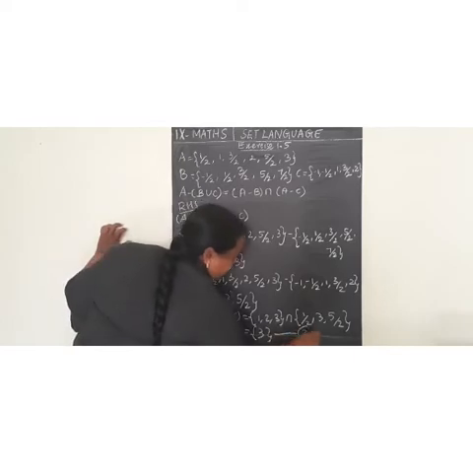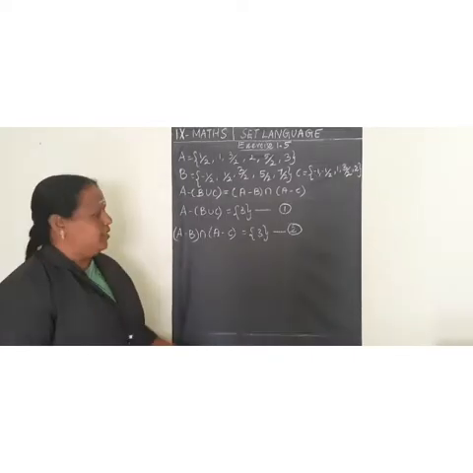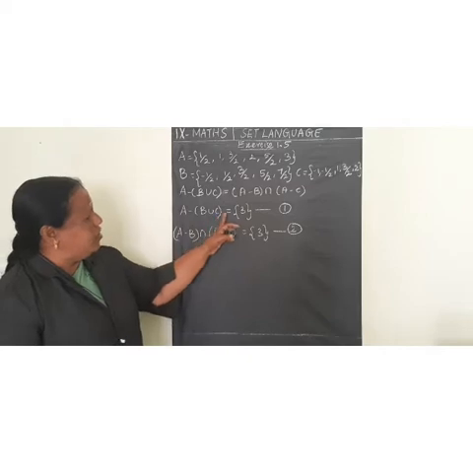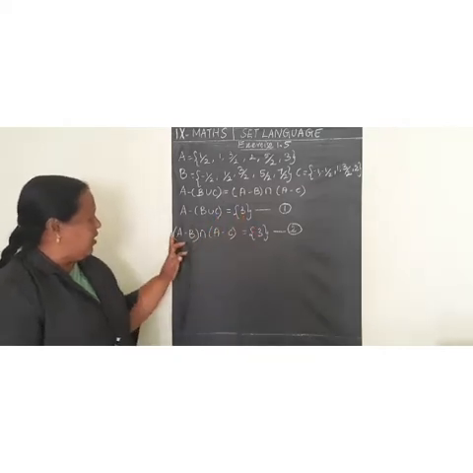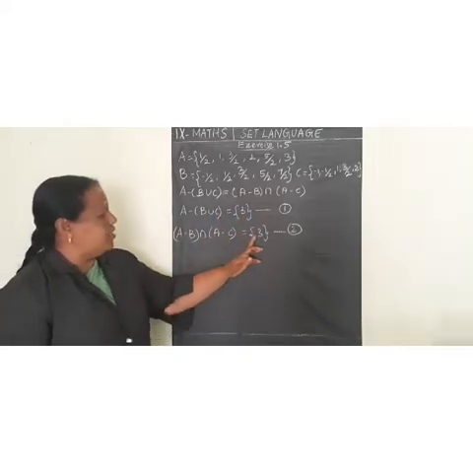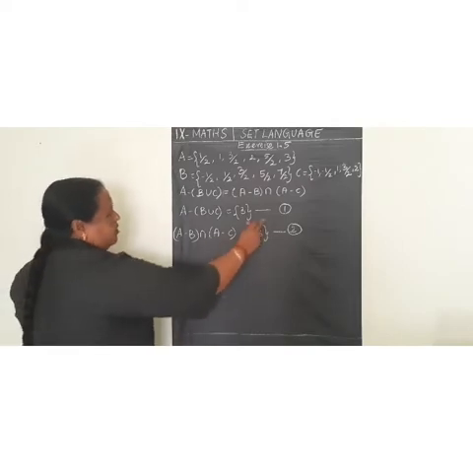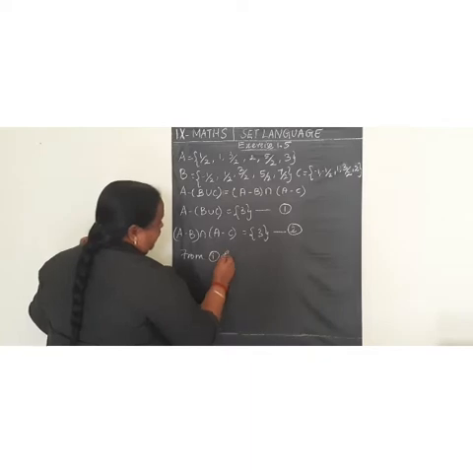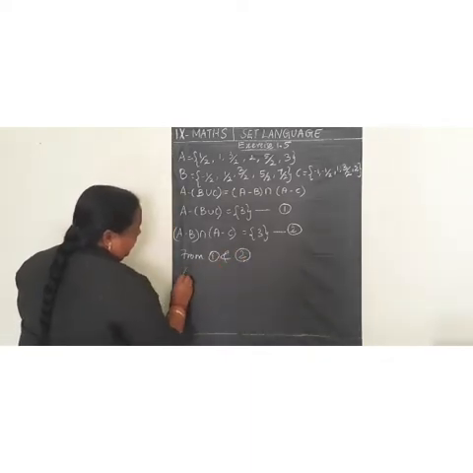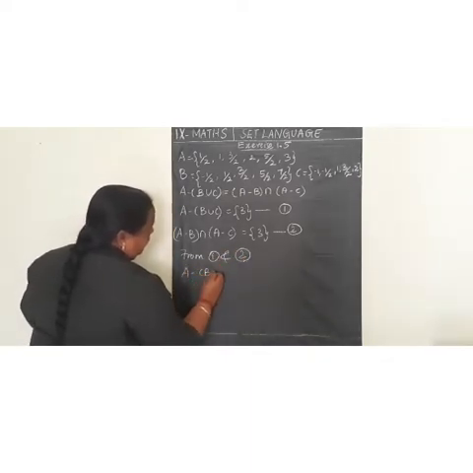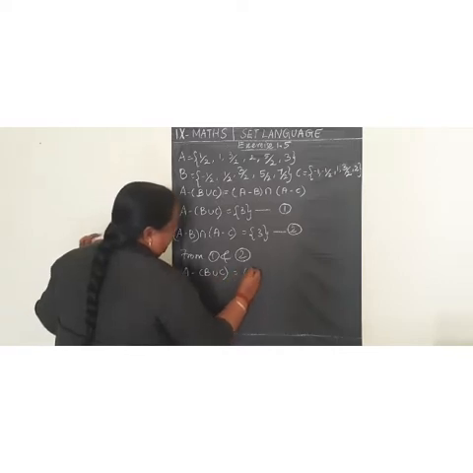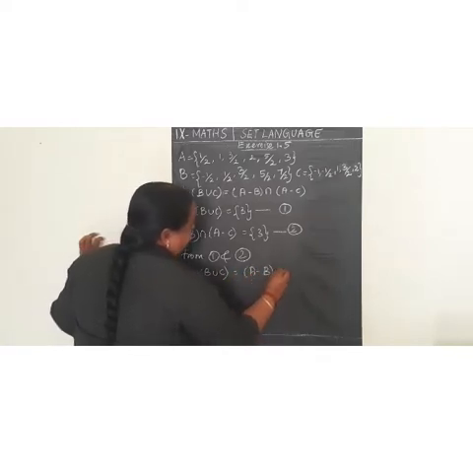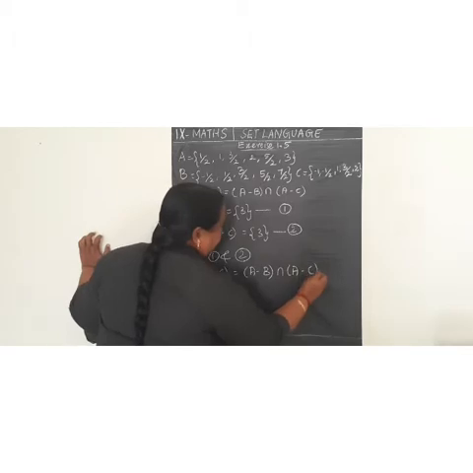We mark this as equation 2. We found that A minus (B union C) is {3}, and (A minus B) intersection (A minus C) is also {3}. So from equations 1 and 2, A minus (B union C) is equal to (A minus B) intersection (A minus C).